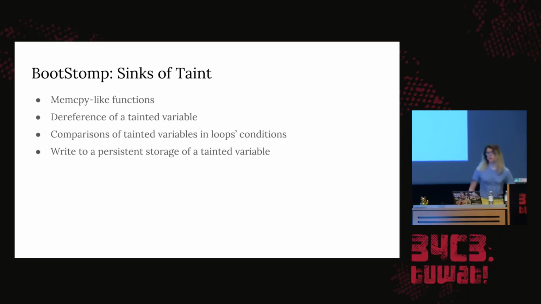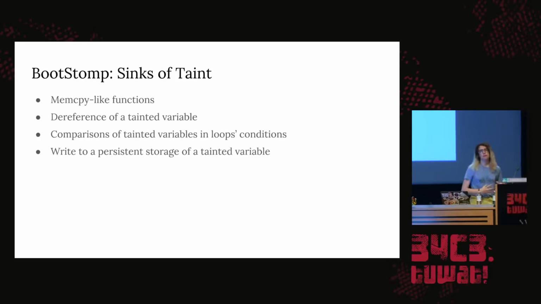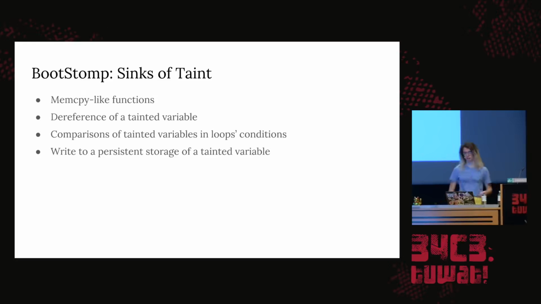So for the sinks of the taint analysis, we want to say, if tainted data is an argument to memcopy, then that's a vulnerability. I mean the tainted data is one of the values passed to memcopy. That's a memory corruption vulnerability generally.